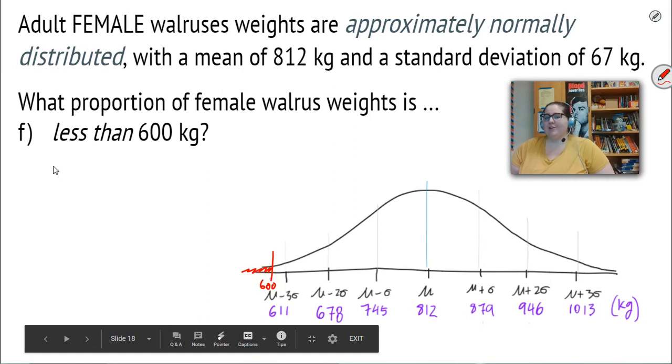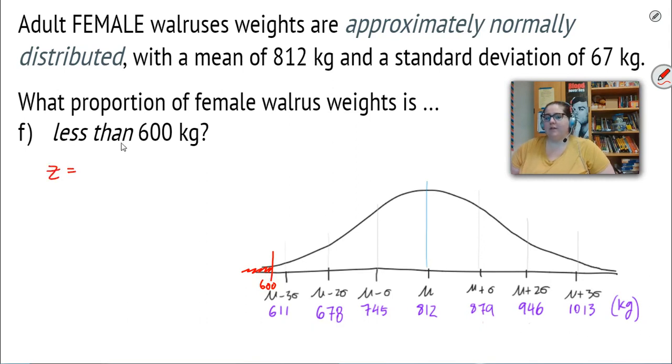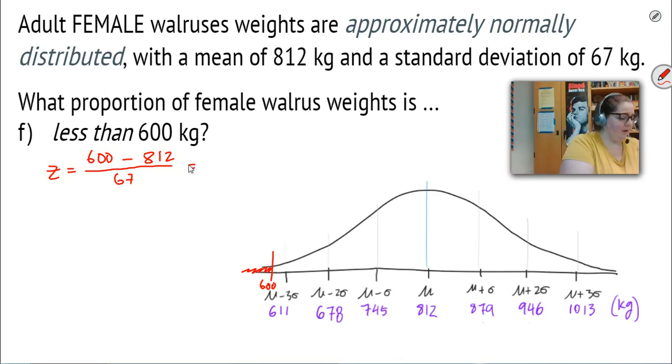So we have our area shaded. The first step we're going to do is actually calculate what is the z-score for 600. So remember, z-score is the observed value, which in this case is 600, minus the mean, which is 812, divided by the standard deviation, which is 67. And this is basically telling us how far from the mean, or how many standard deviations from the mean this value is.